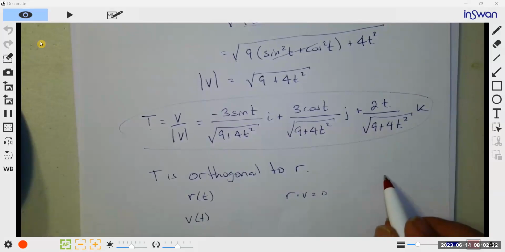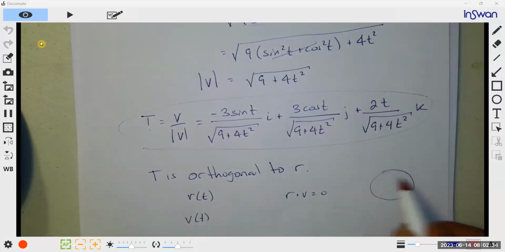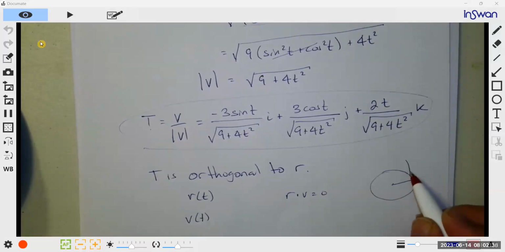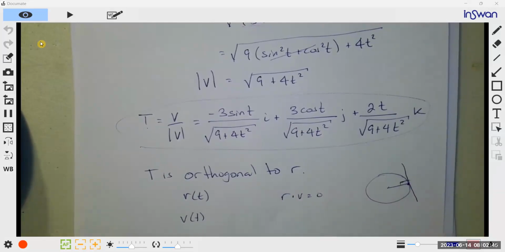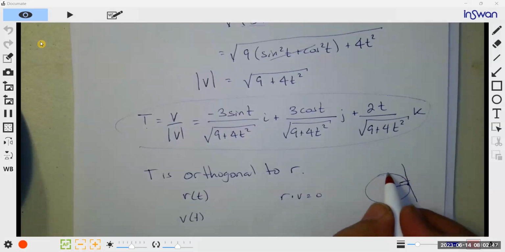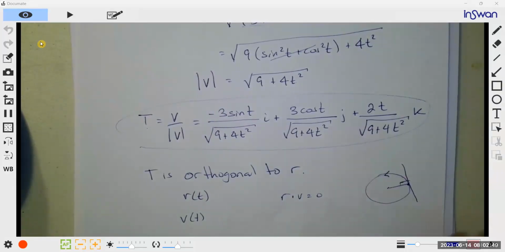So let's look at a unit circle. Any point along the way, the unit tangent vector is touching the point, so automatically it's orthogonal, and it moves in a counterclockwise direction.